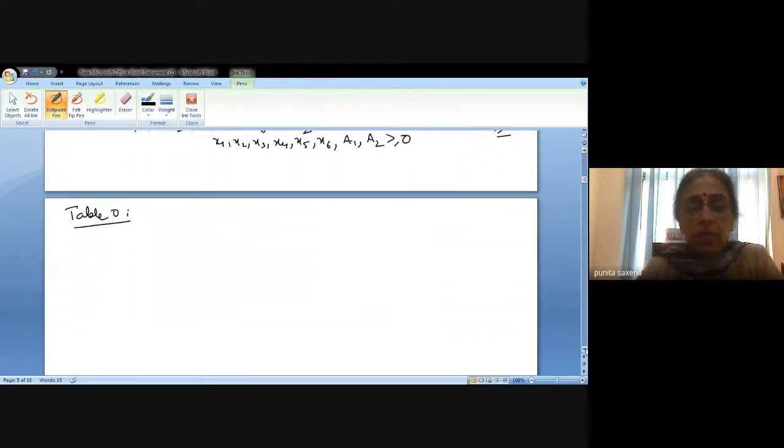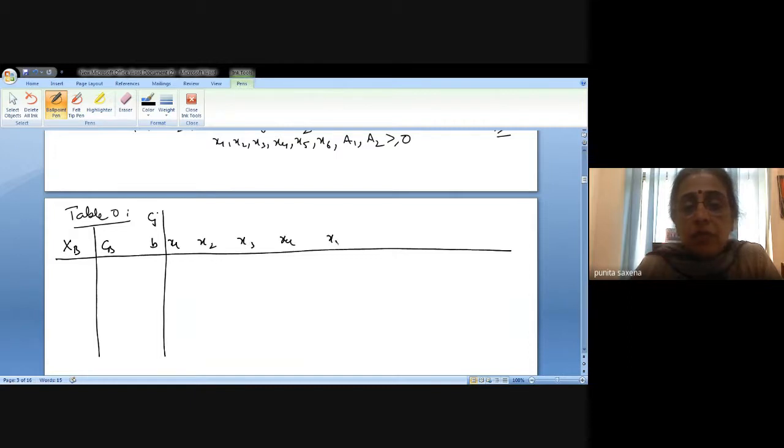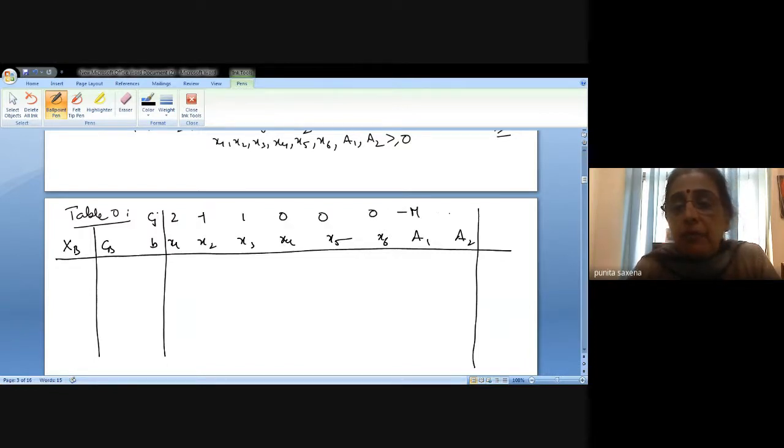We have our XB's here, b, and we have our cj's here, x1, x2, x3, x4, x5, x6, but now you also have A1 and A2. The coefficients here will be 2, -1, 1, 0, 0, 0, but here I'll have minus M's, because these are the coefficients of the artificial variables in the objective function.